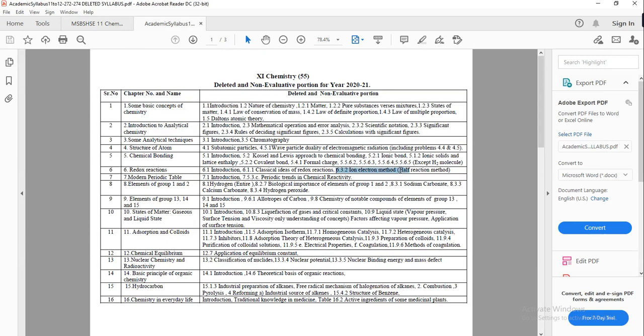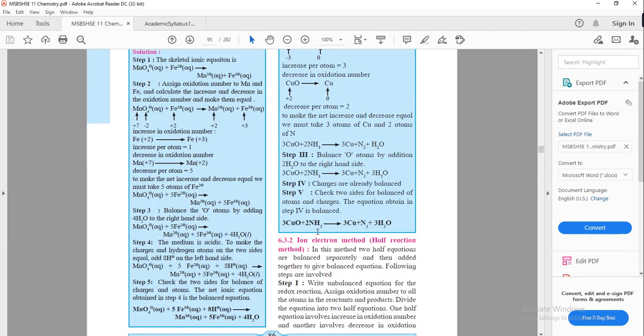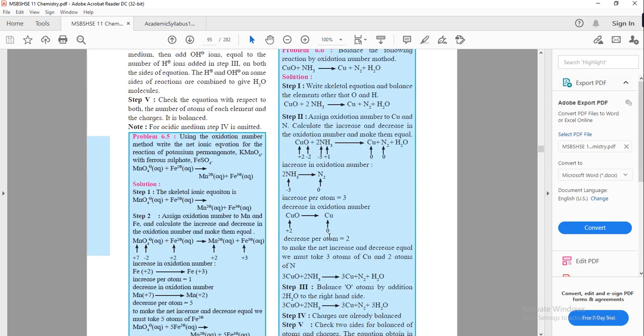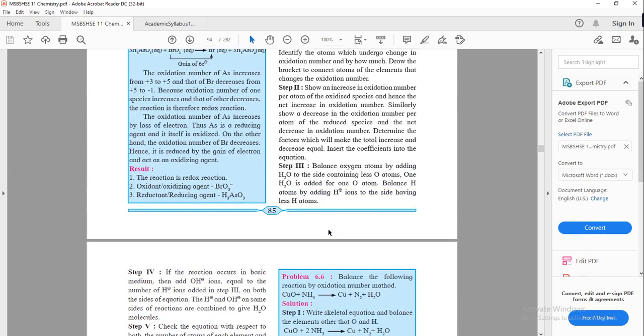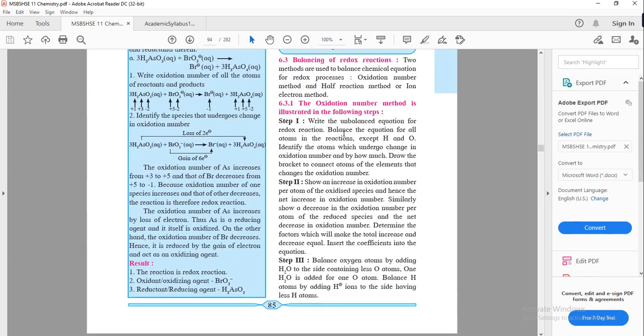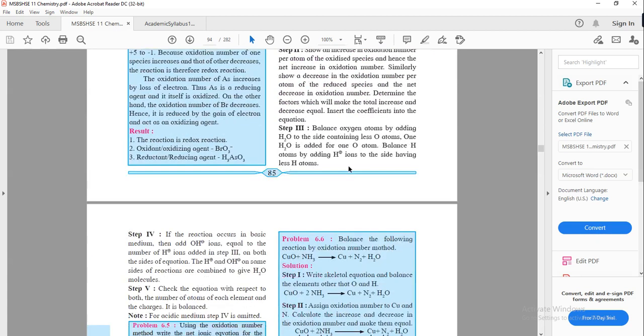So practice only the oxidation number method from the examination point of view.